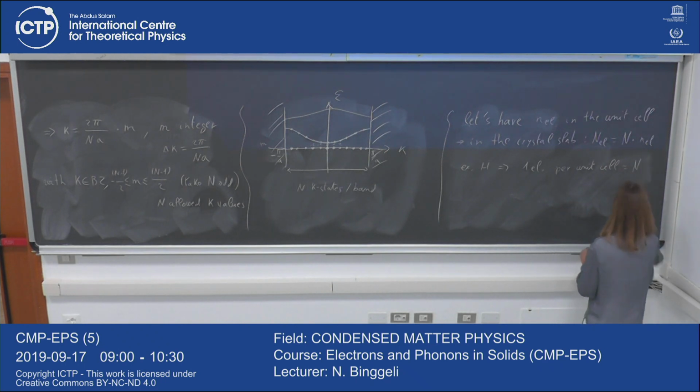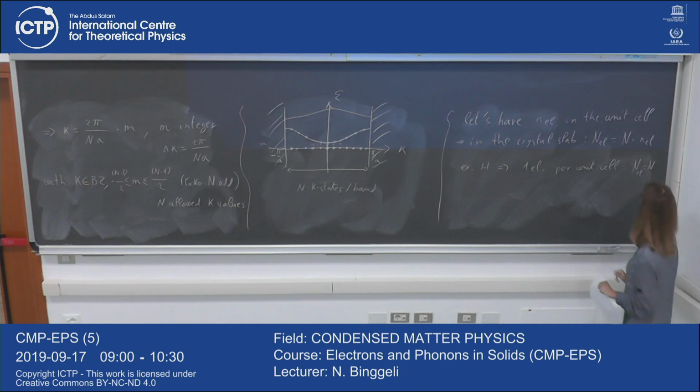And therefore, exactly, the number of electrons is going to be the number of unit cells in my piece of crystal.